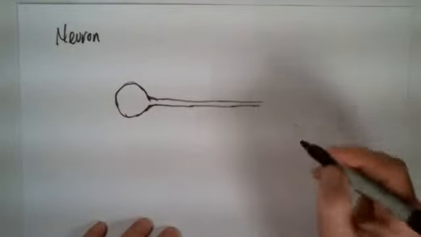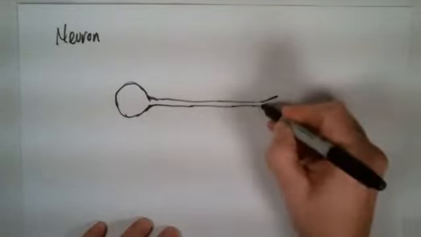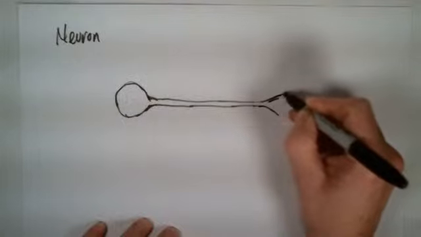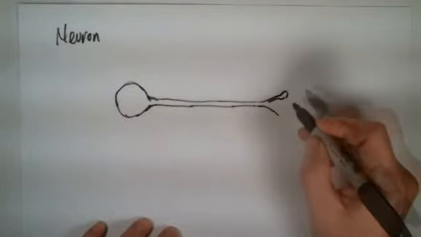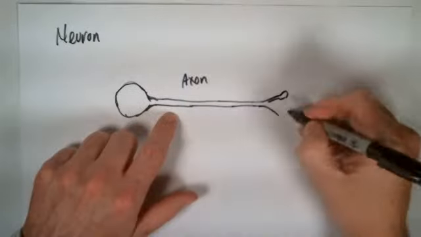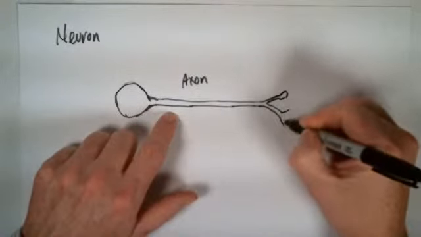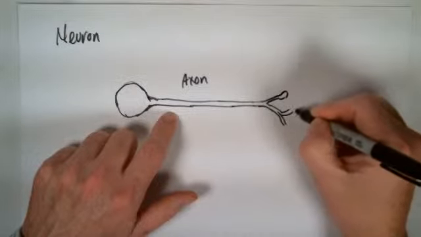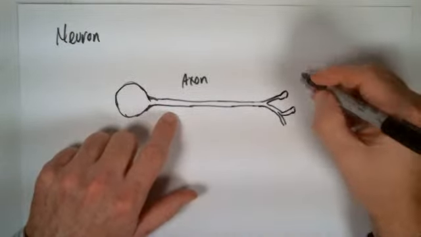And at the end of the axon, the axon kind of divides up, and you get these little areas that are called synapses. Okay, so here's our axon, and then at the end it may branch out, but you get these little things called a synapse.